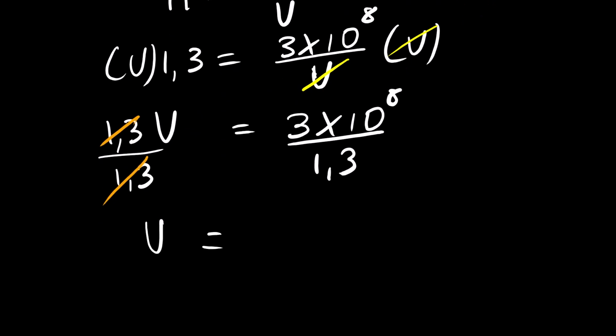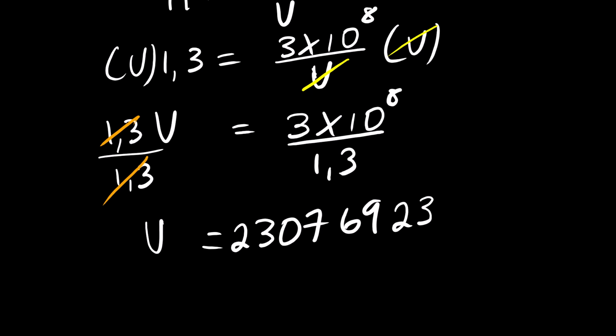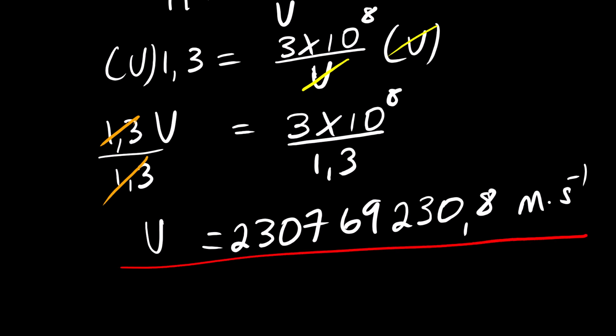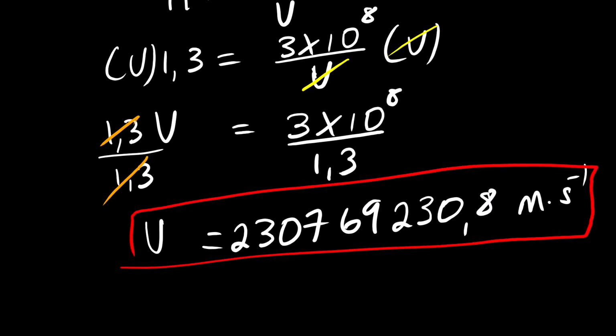It's simply v equals, we punch this on a calculator, we get the answer. I hope you got the very same answer. Now we are done with this question. Let us go to the next one.